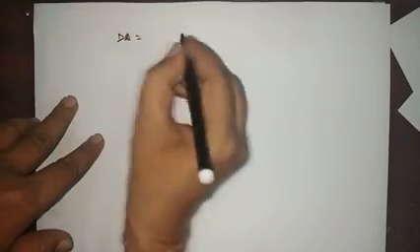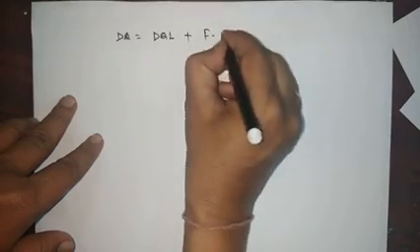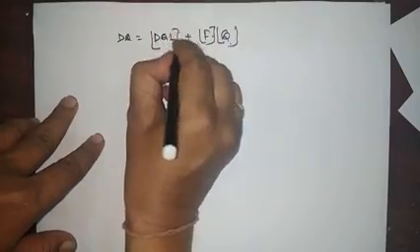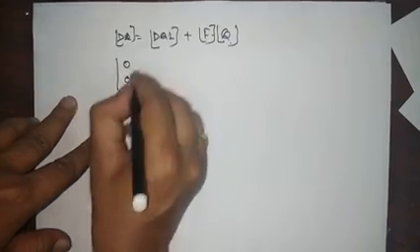Now we put all these values into the matrix. The formula is DQ is equal to DQL plus F into Q. Now this is 0, we know.